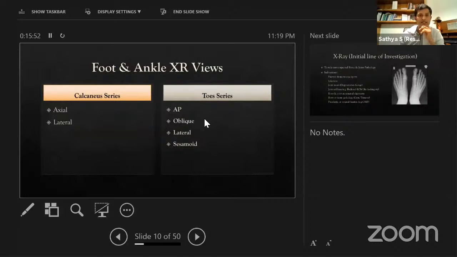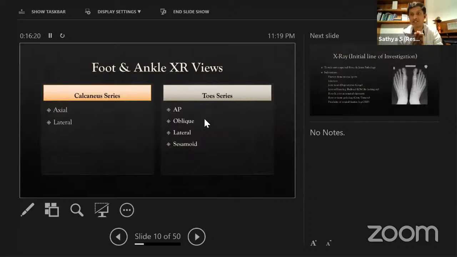For foot and ankle X-ray views, we can also use a calcaneus series to understand the posterior aspect of the heel, to look at the axial view of the calcaneus, or even a lateral view of the calcaneus. Quite often an anterior calcaneal process, which we call ACP, due to an inversion injury, is missed, or sometimes it smudges between the overlapping of the different bones.